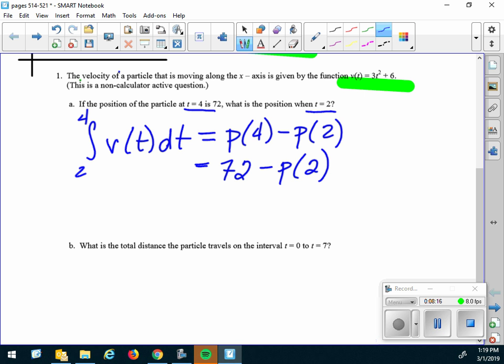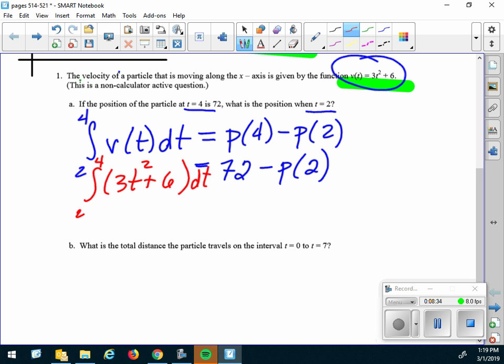I can integrate 3t squared plus 6. So what I've got here is the integral from 2 to 4 of 3t squared plus 6 dt.